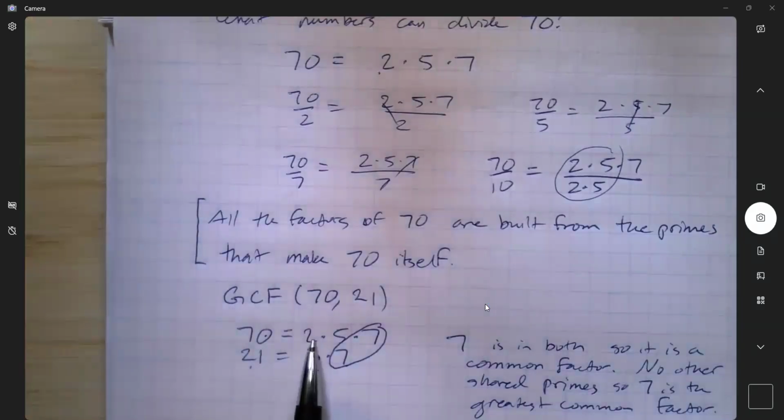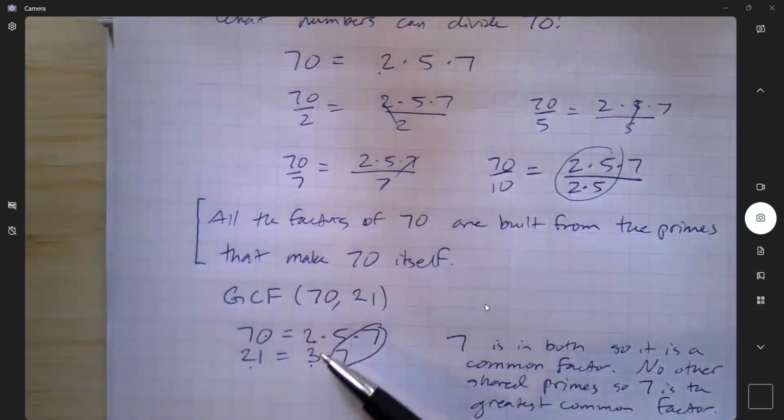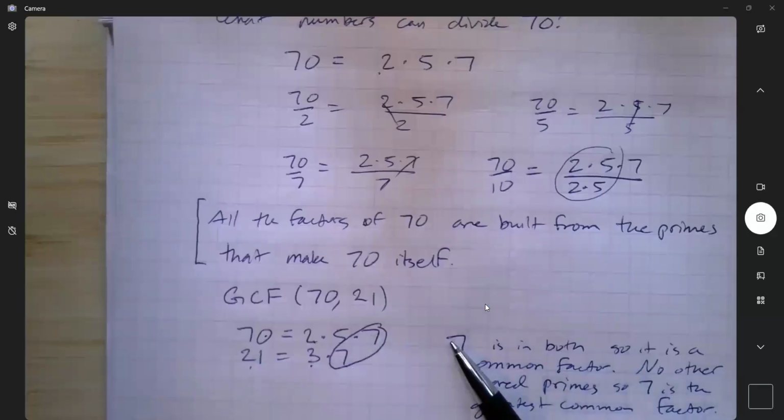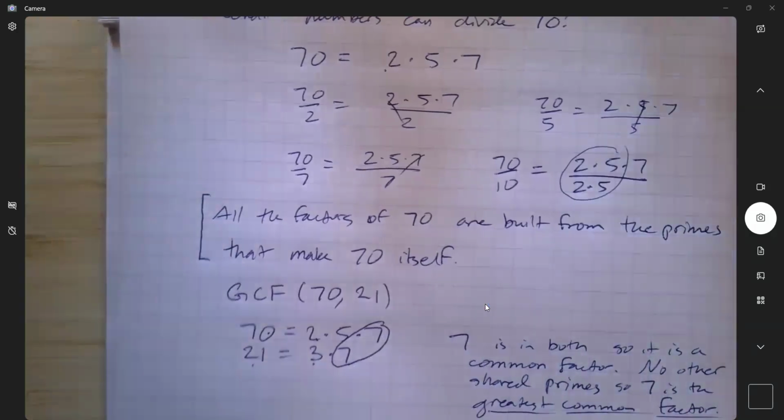Because 2, which is a factor of 70, is not a factor of 21, and neither is 5. And 3, which is a factor of 21, does not divide 70. So the largest number that divides both 70 and 21 is 7, and that means 7 is the greatest common factor.